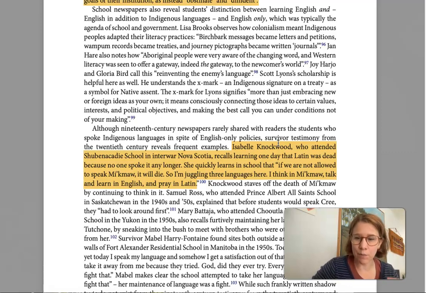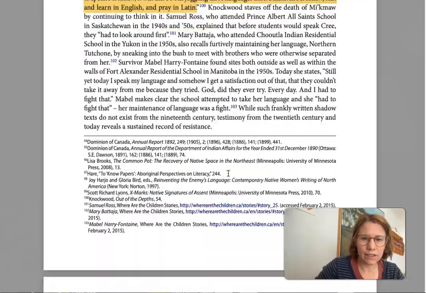So it's kind of this rebellious resistance to oppression and authority that was around them. So by holding on to your language, it was also a form of resistance and challenge against the colonial oppression that they were living under.